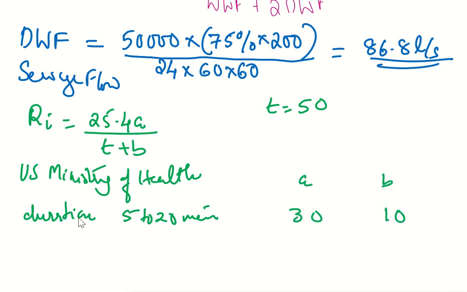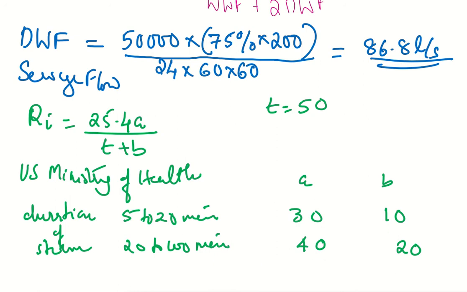Now if the duration of the storm is 20 to 100 minutes, A value is 40 and B value is 20. So in the general case, whenever we go for a larger area, we will prefer the second value, that is 20 to 100 minutes, where A is equal to 40 and B is equal to 20.